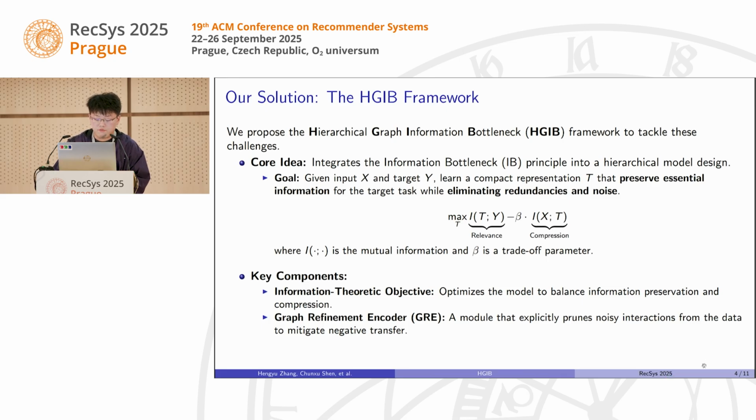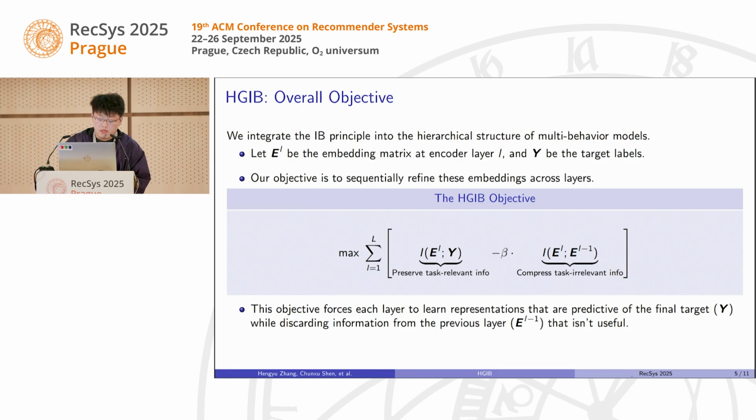Our framework has two components to achieve this: an information theoretical objective that guides the representation learning, and a graph refinement encoder, which explicitly removes the noisy interactions from the data. Okay, let's now dive into the details.